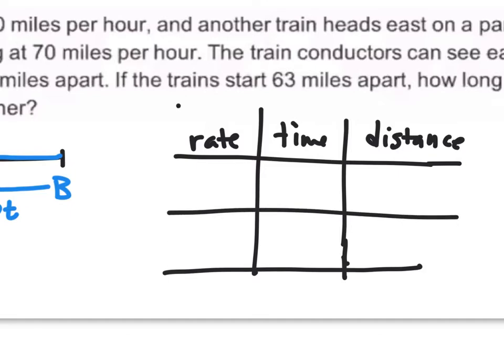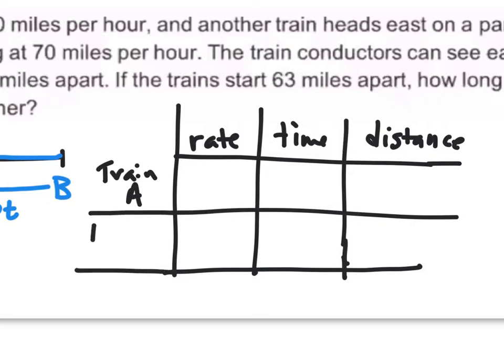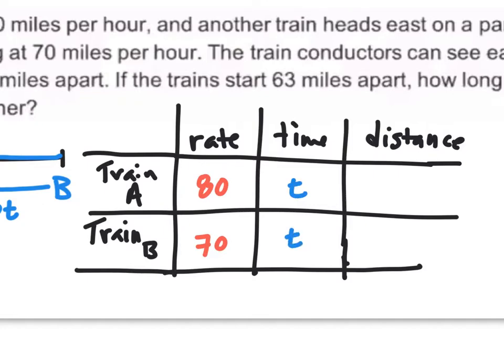Let's call this train A, and this is train B. We know that the rate at which train A traveled was 80 miles an hour, and for train B, they were traveling 70 miles an hour. And the time is the same for both, since they leave at the same time. We want to know at what time they see each other, so I'm going to put t for both of these.